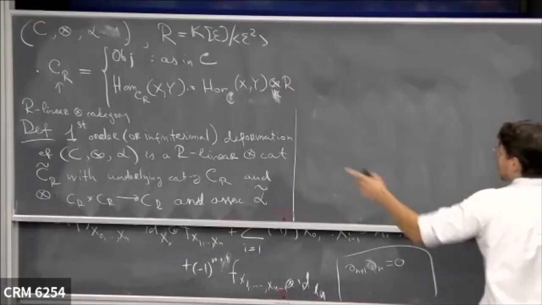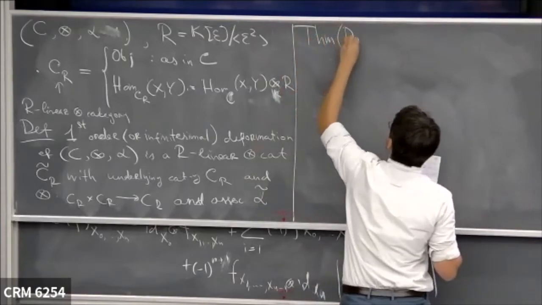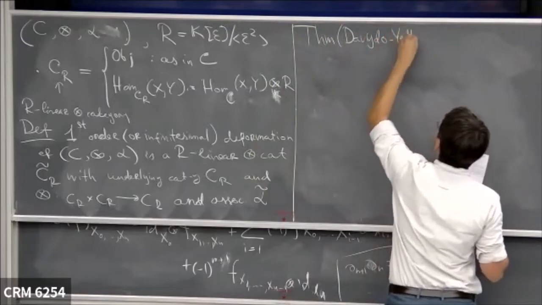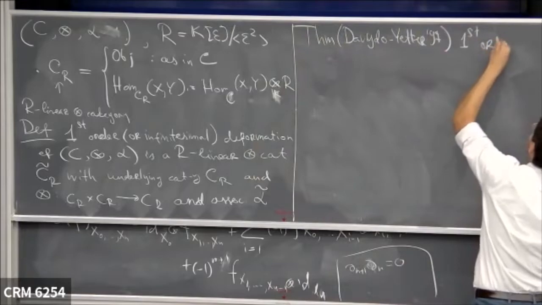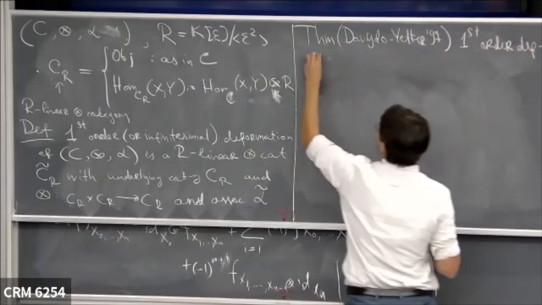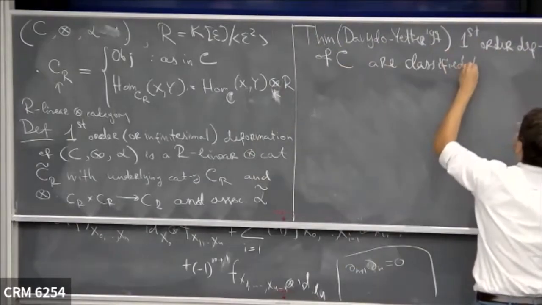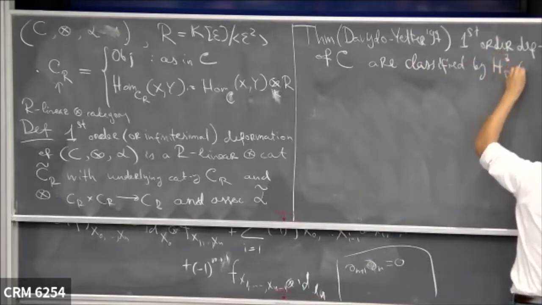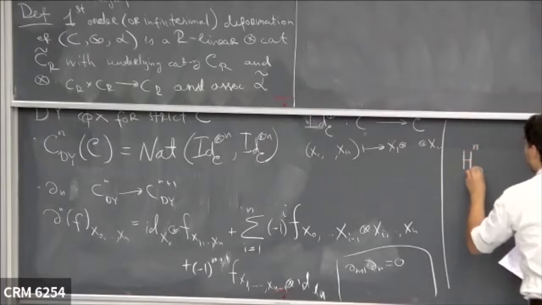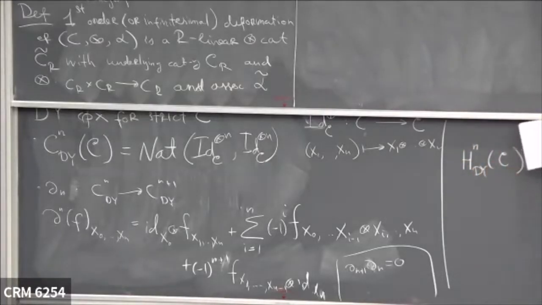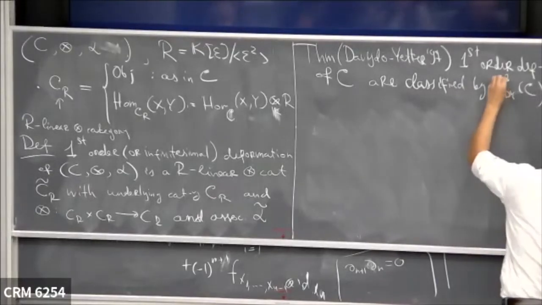I gave you the definition of these first-order deformations, and now the theorem due to Davydov and Yetter, around 97, says that first-order deformations of C, the way I introduced them here, are classified by H3 dy of C. So we have a complex, and I will denote the cohomology of this complex Hn dy of my category C. These are dy cohomologies, or Davydov cohomologies, of the tensor category C. And first-order deformations are classified by H3 dy of C up to soft tensor equivalence.